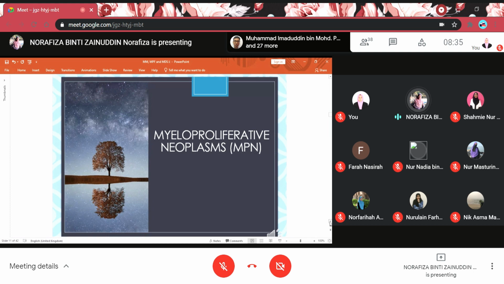This overproduction of blood cells in the marrow can create problems for blood flow, and then it will lead to various symptoms. They were called myeloproliferative diseases. So you can see in some older textbooks, they use myeloproliferative diseases, until 2008, when the World Health Organization, WHO, reclassified them as cancers, and then they were renamed as MPNs.